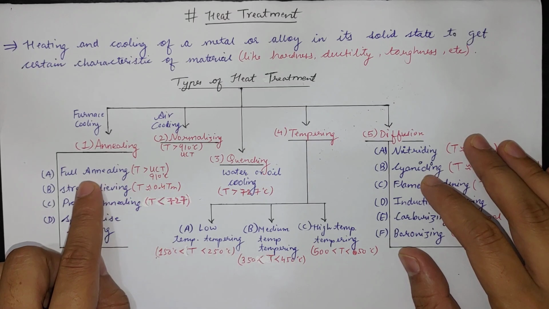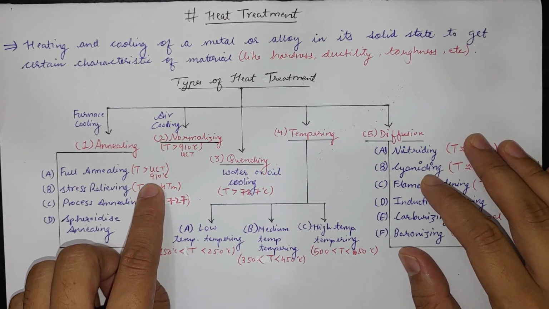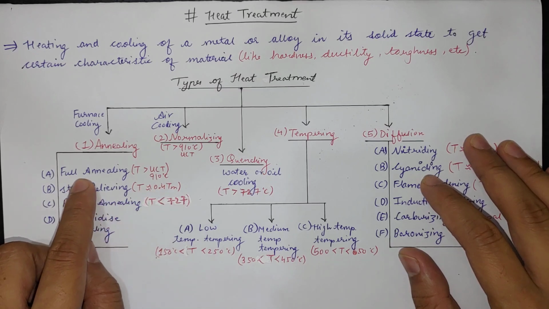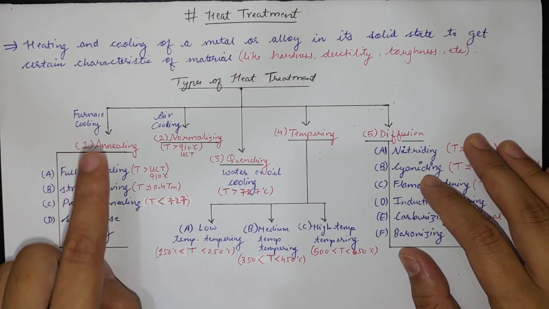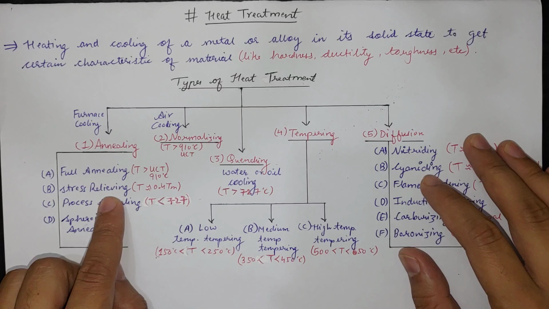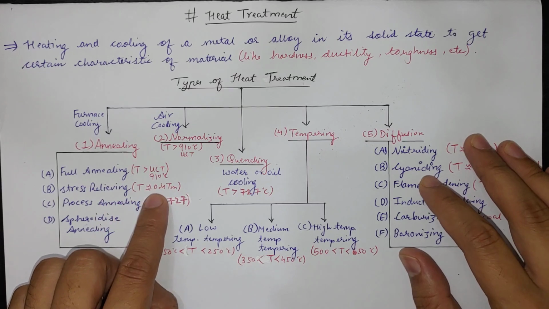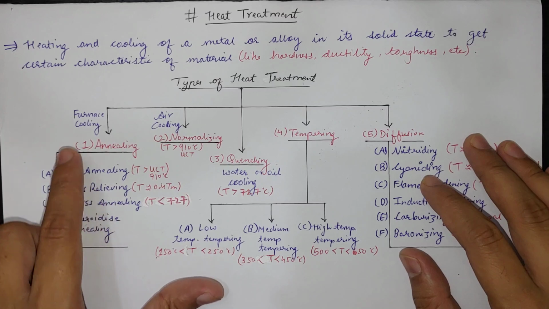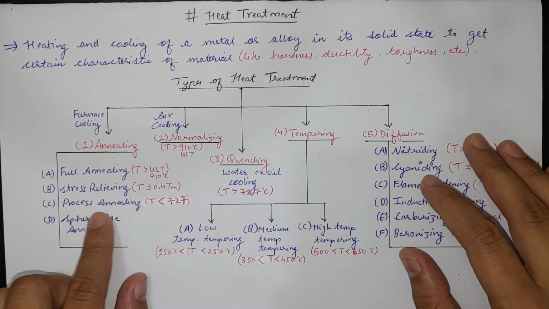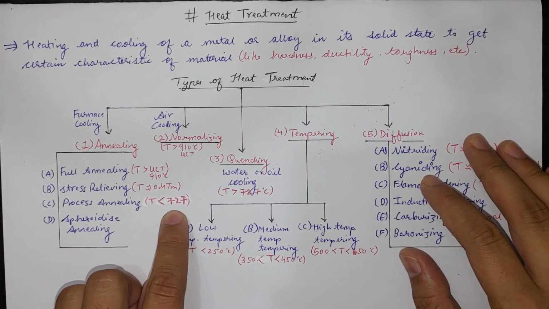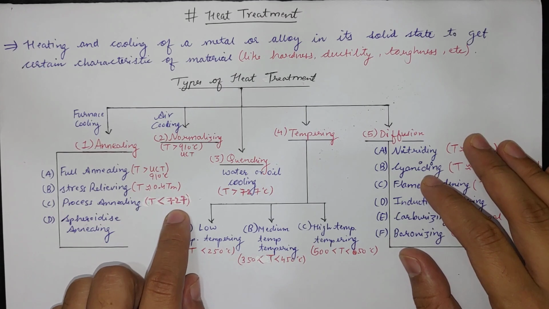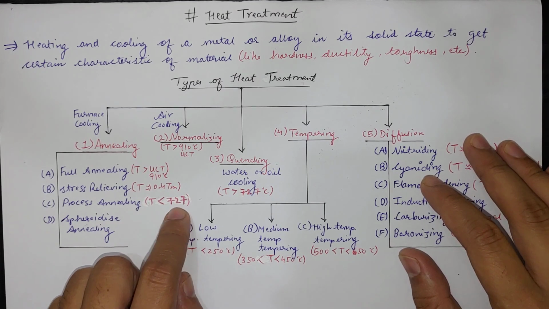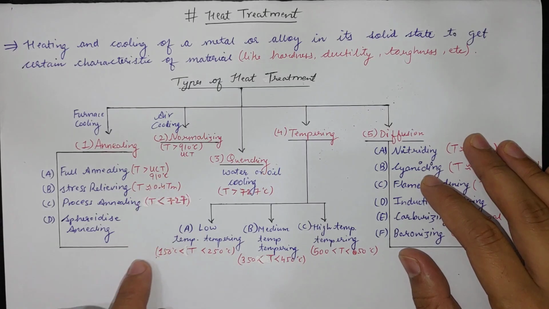In full annealing we heat the material above the upper critical temperature, which is 910, and then we cool it in the furnace. In stress relieving, we heat the material to 0.4 times the melting temperature of the material, and similarly cool it in the furnace. In process annealing, we keep the temperature below the lower critical temperature, which is 727. So the lower critical temperature is 727 degrees Celsius and the upper critical temperature is 910 degrees Celsius.